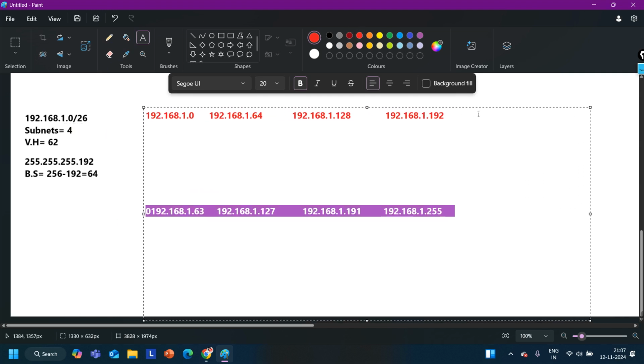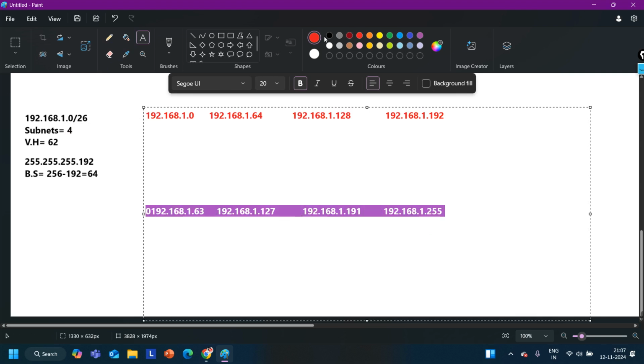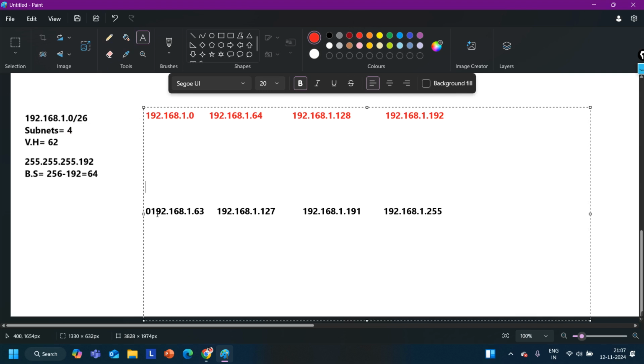Now, these are network IDs, and these are broadcast IDs, which are not usable, which means we cannot configure them on devices. Now, the first IP address from the first subnet is 1. First IP address from the second subnet is 129.